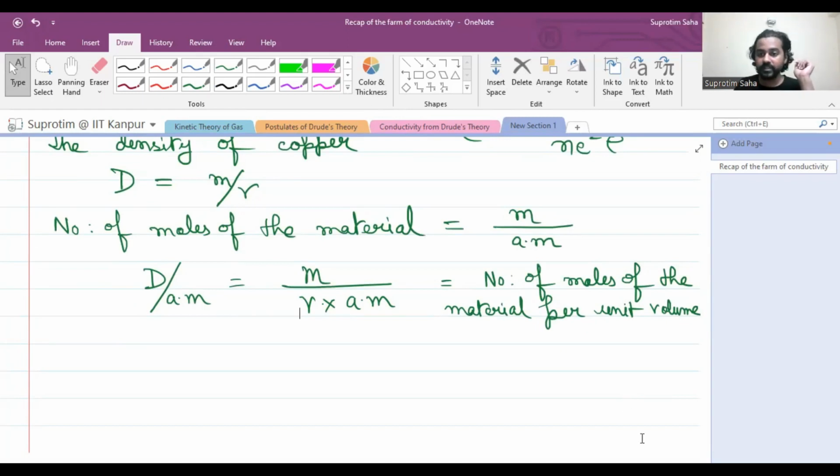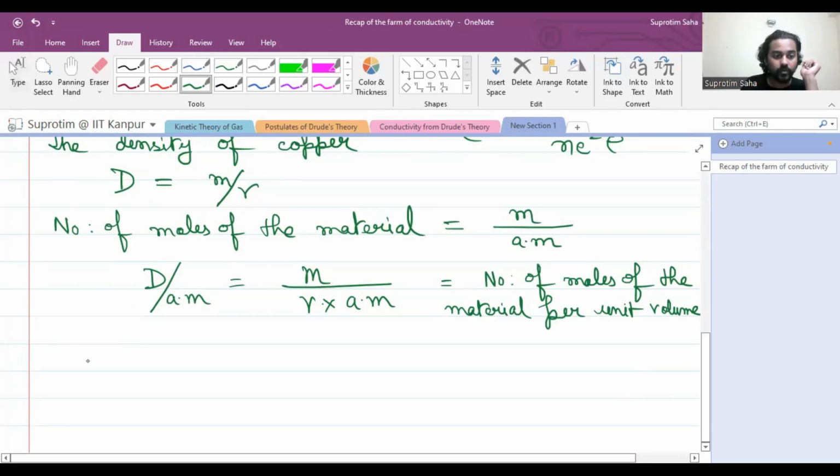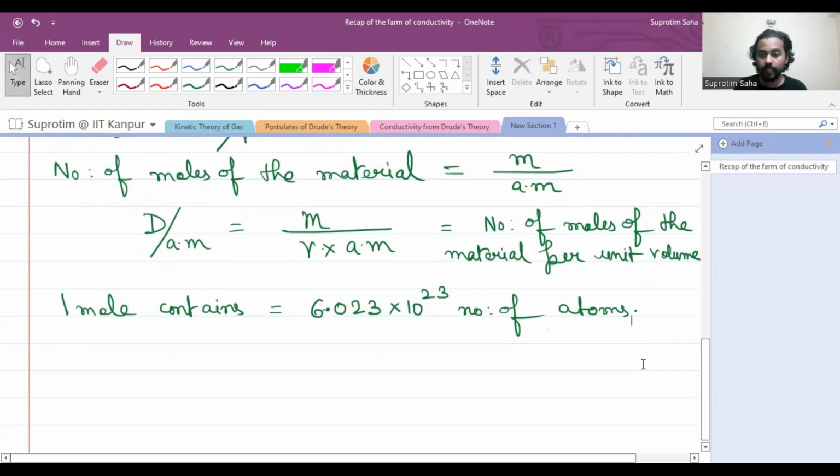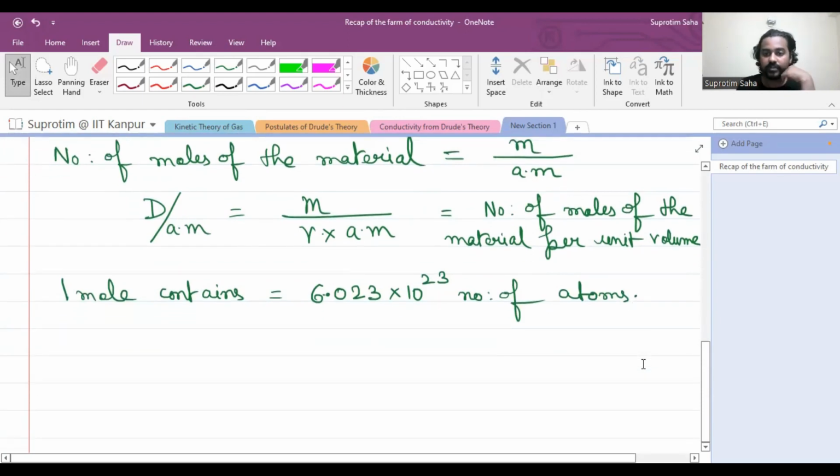Now 1 mole contains 6.023 into 10 raised to 23 number of atoms. And this is the Avogadro number, Na, number of atoms.